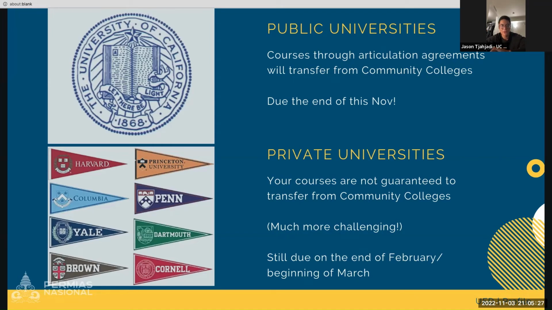They have a transfer rate which is pretty interesting, above 15%, which I would say is kind of comparable to what Berkeley has to offer. But again, check their course articulations. It is not guaranteed because you are out of state, and it's still due at the end of February, usually beginning to end of February to the beginning of March. So you have more time, but do keep in mind that it's much more challenging.